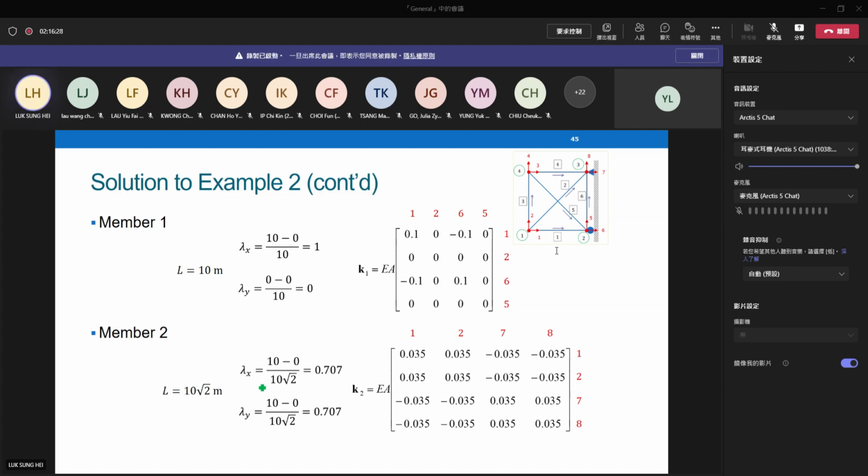But anyway, this example 2 just shows you what happens if you have truss structures with many members, for illustration purposes. For quiz and exam, I will not give you this kind of complex problem, but it doesn't mean that for assignment we can't use it. For assignment, I can give you this kind of complex problem, because you have more time to do it. Right?